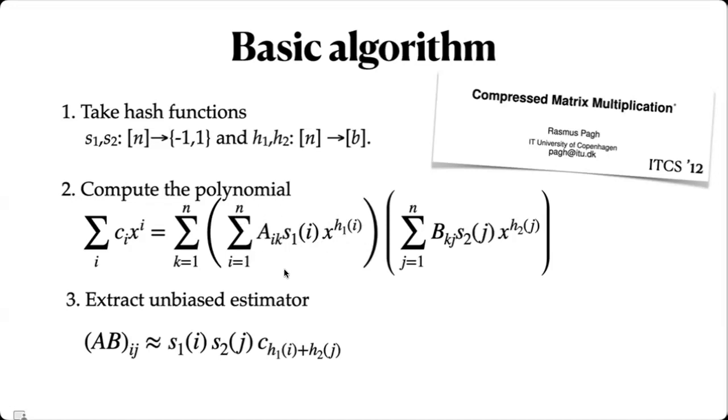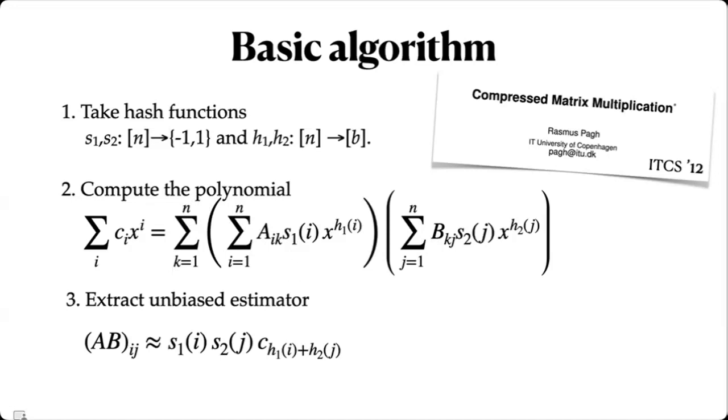Now if you want to think about matrix products, there's an extra sum, but for now, just ignore this outer sum. So then we have a count sketch of one vector, encoded as a polynomial, and we have another count sketch, encoded as a polynomial. And now we simply compute the product of these two polynomials.